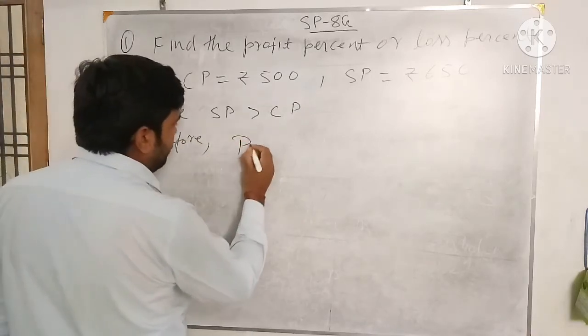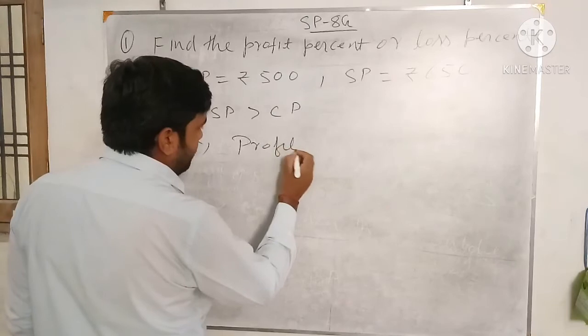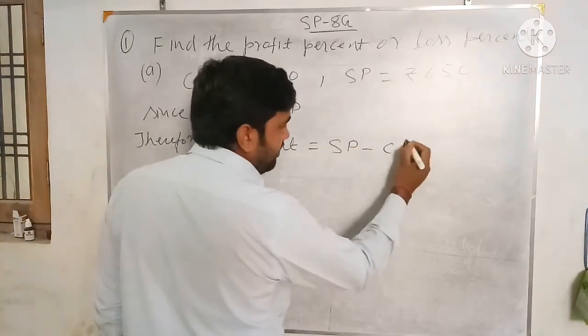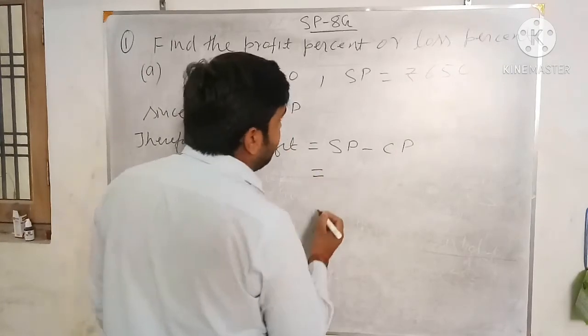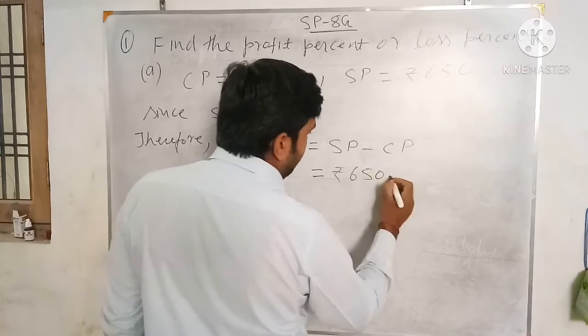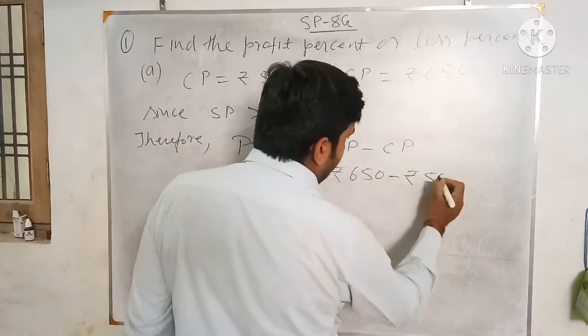profit equals SP minus CP. Now put the selling price, rupees 650, minus cost price, rupees 500.